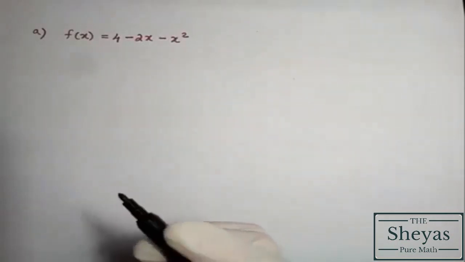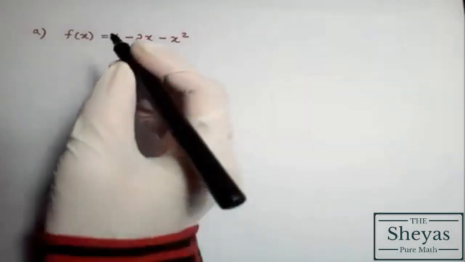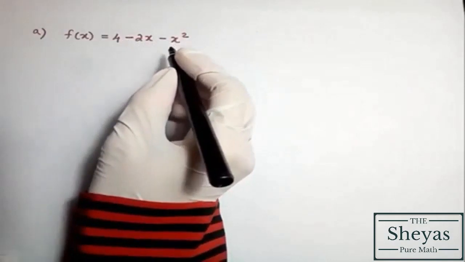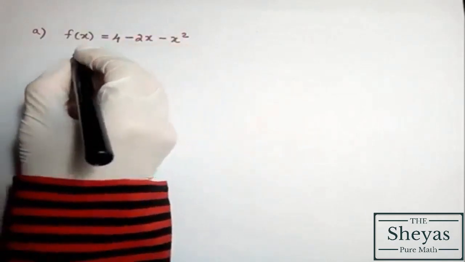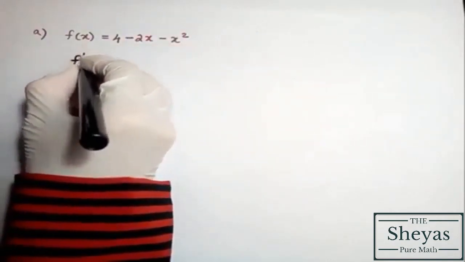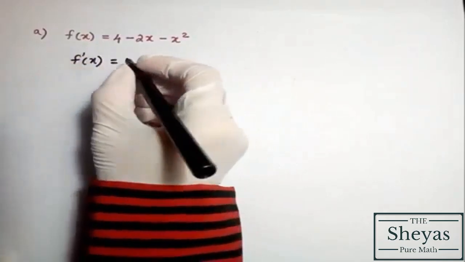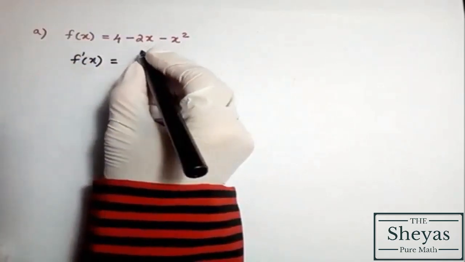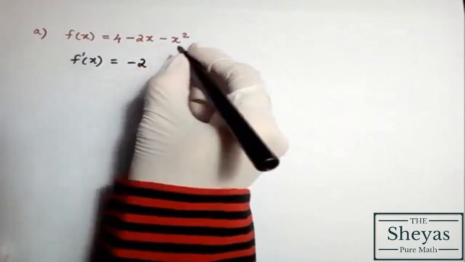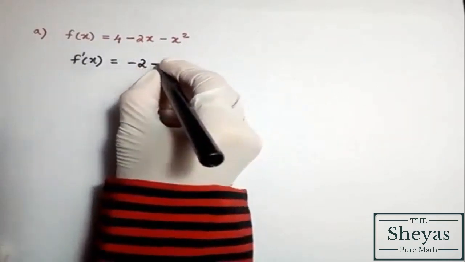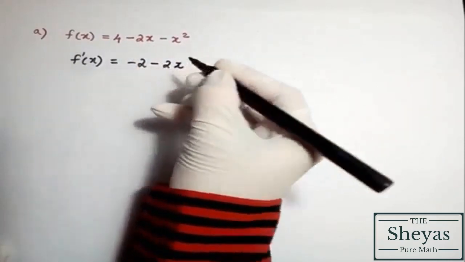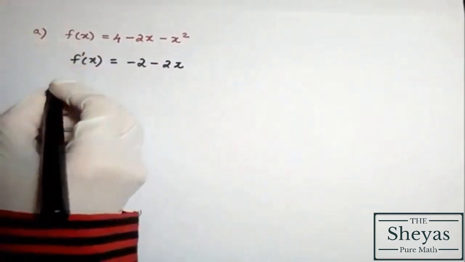Given that f of x is equal to 4 minus 2x minus x square. The first step is to find f dash of x. So 4 differentiation is 0, and minus 2x differentiation is minus 2, and minus x square differentiation is minus 2x. What is given?